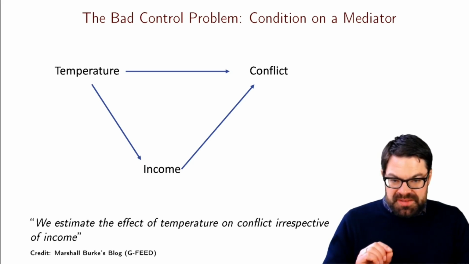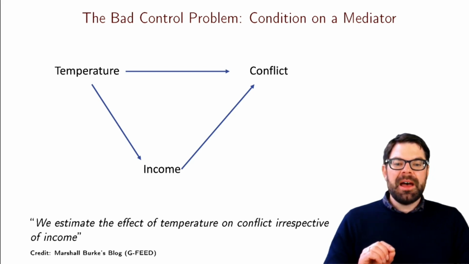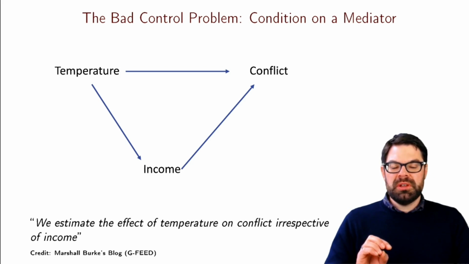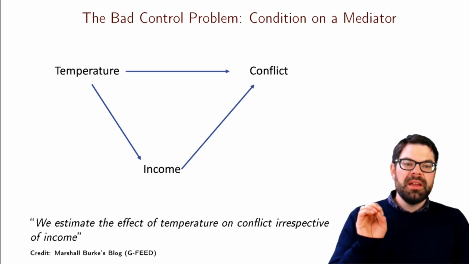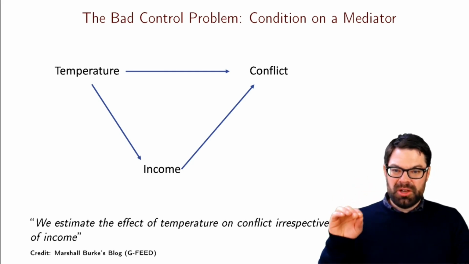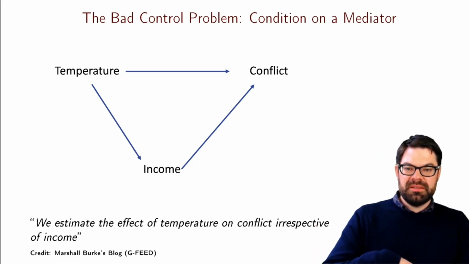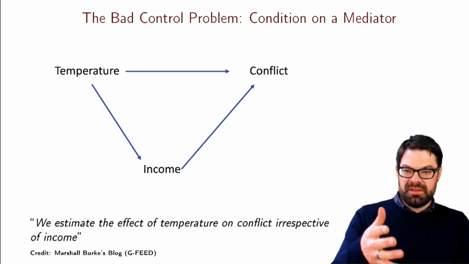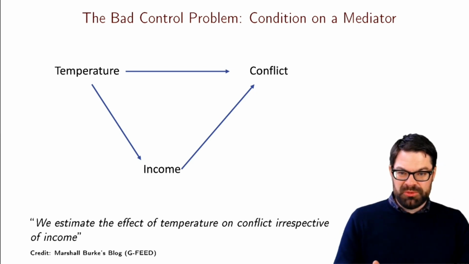So here is an example that was given in a blog post by Marshall Burke, who either did a study or cites a study, I'm not entirely sure anymore, that looks at development economics papers. So papers that look either at natural resources or things like temperature and conflict, or conflict and economic growth.